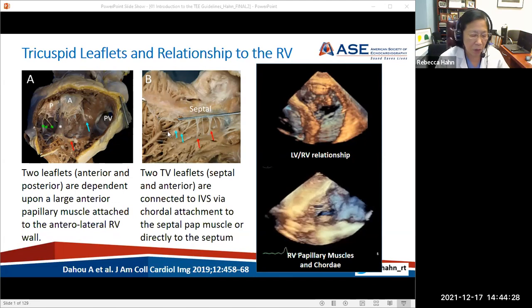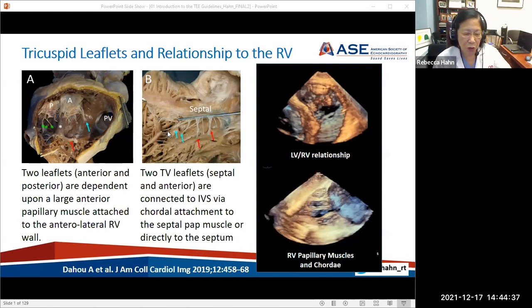So the posterior papillary muscle, a little bit more variable, oftentimes multiple, will send off chordal attachments to the posterior leaflet and then up to the posterior portion of the septal leaflet. And then you've got these multiple small septal papillary muscles or direct chordal attachments to the septum.